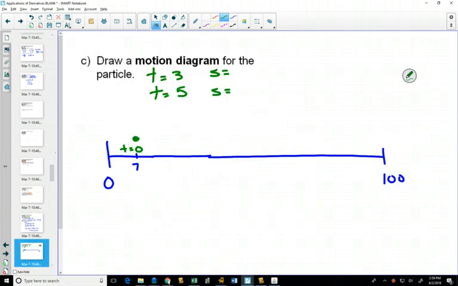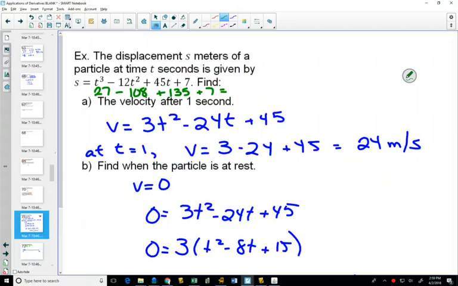Okay. 61 meters. At t equals 5, we'll go back to that equation. We'll plug in 5. So if I plug in 5, I'm going to have 125 minus 300 plus 225 plus 7. 57.